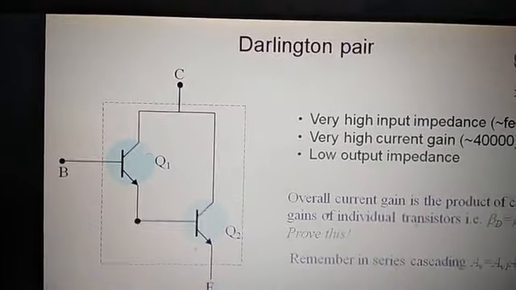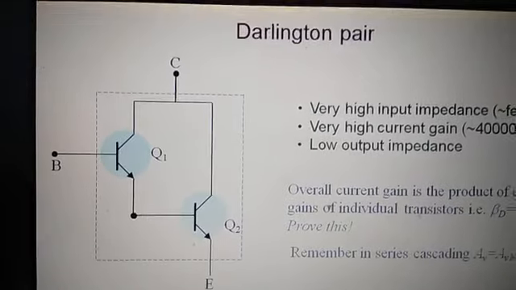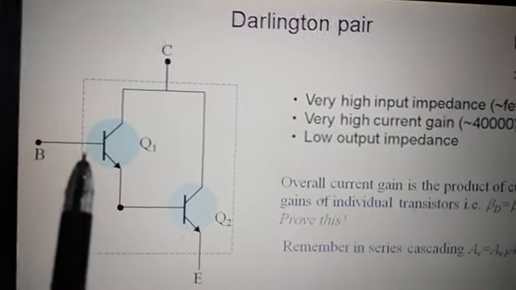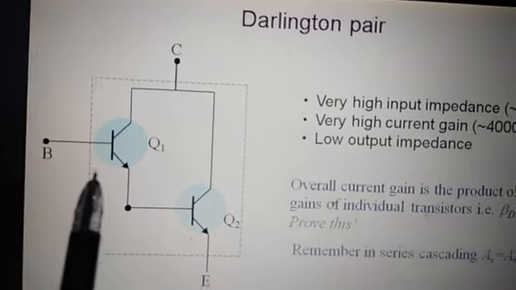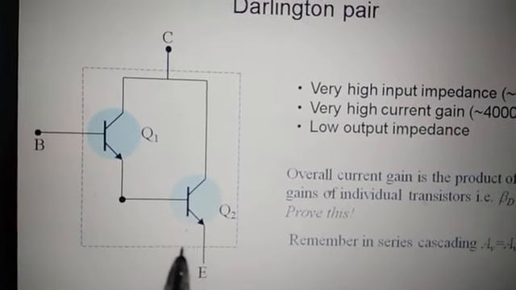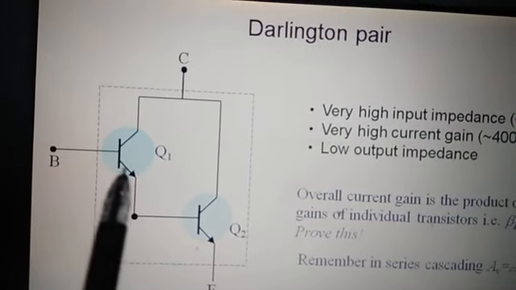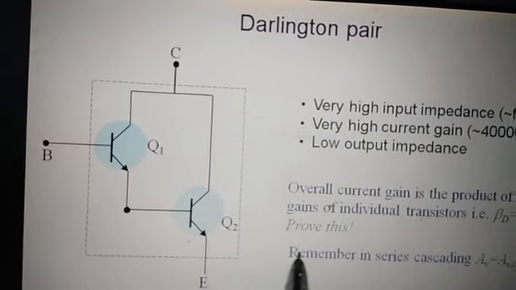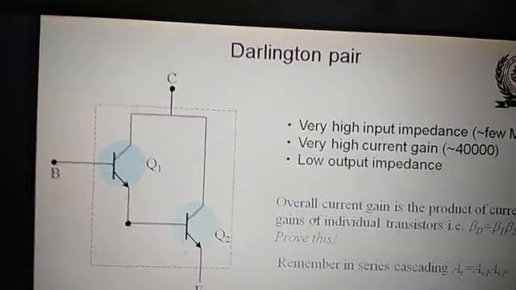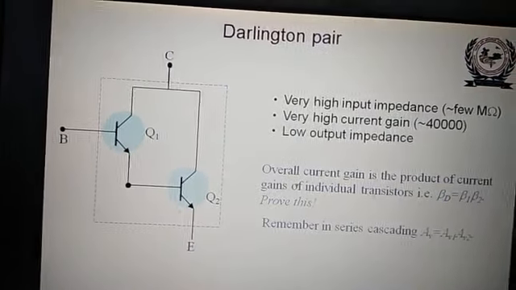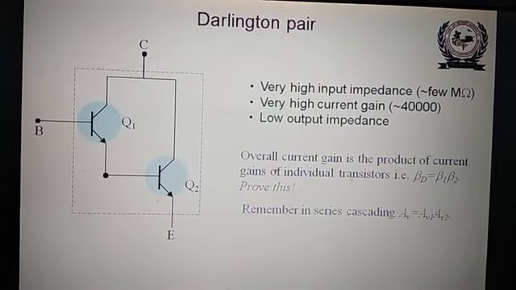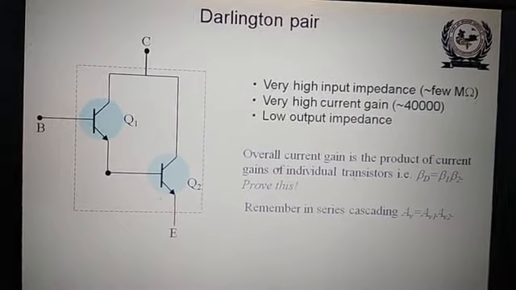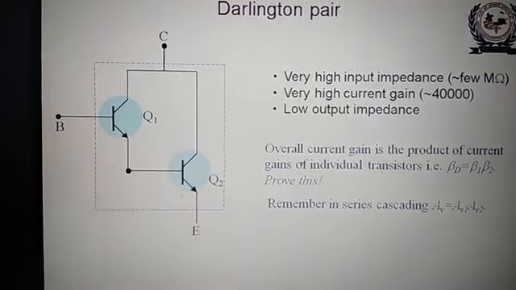This circuit is the Darlington pair. Darlington pair means the first stage is a common collector stage and the second stage is also a common collector stage. The emitter is connected to the base of the next stage and the output is taken from here. So this Darlington pair is used for very high input impedance, very high current gain and low output impedance.